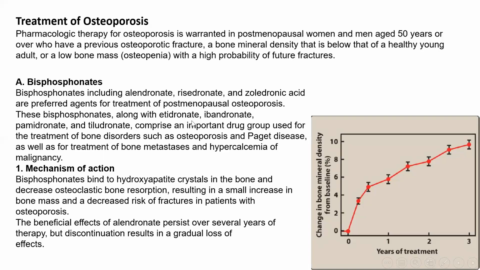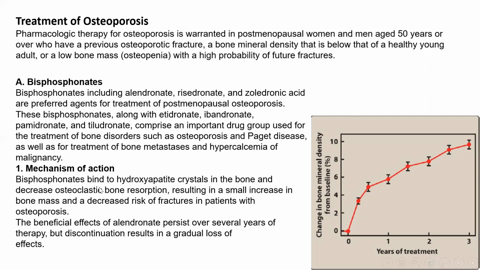These are very important drugs to treat both osteoporosis and Paget's disease. And they are now also prescribed for patients with malignancies if there is metastasis of the cancer to the bones and decreased bone density.